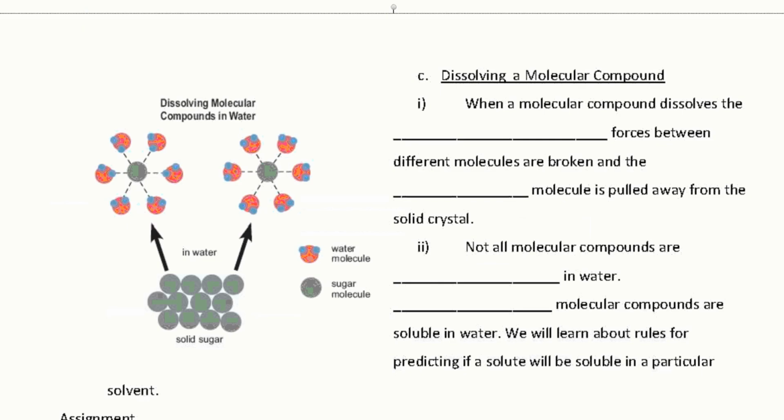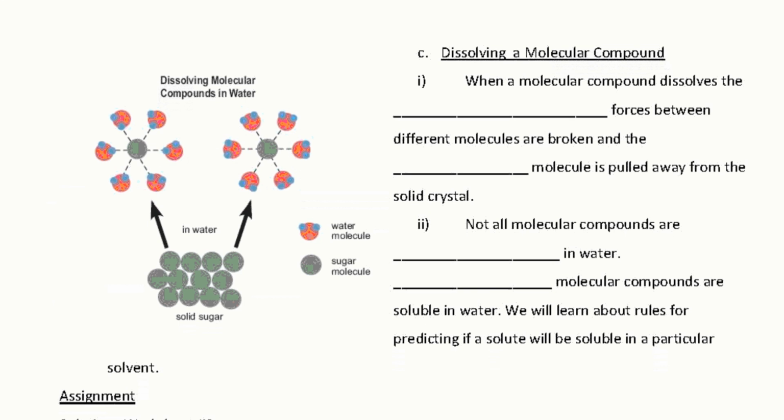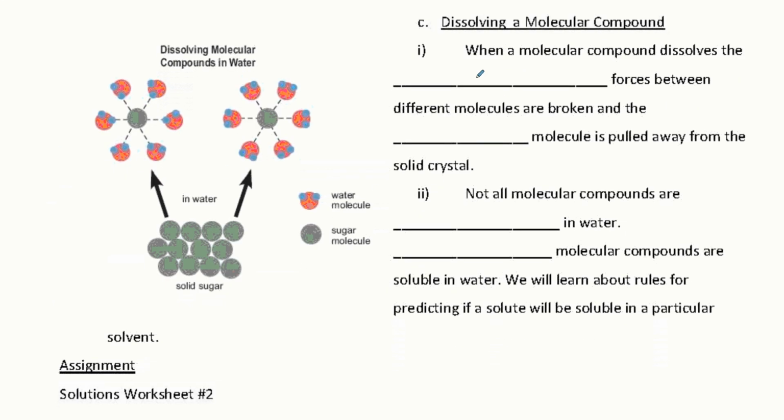Okay, so our final thing is just going to be to compare this to dissolving a molecular compound. When a molecular compound dissolves, the intermolecular forces between different molecules are broken and the entire molecule is pulled away from the solid crystal.